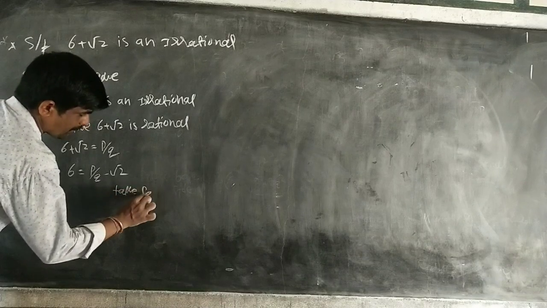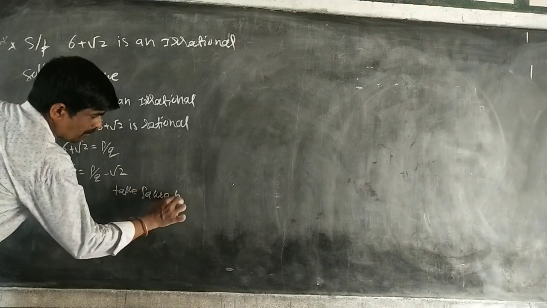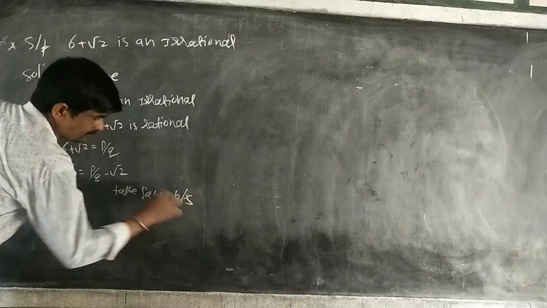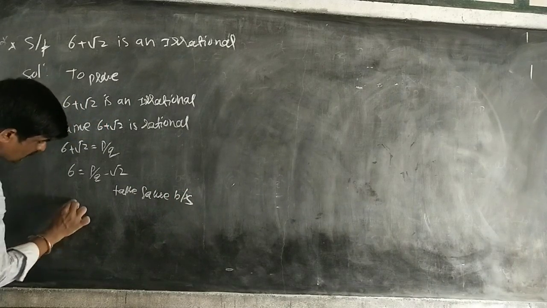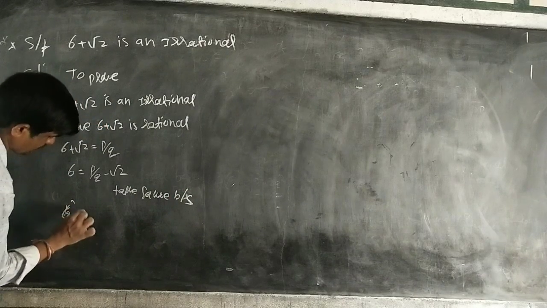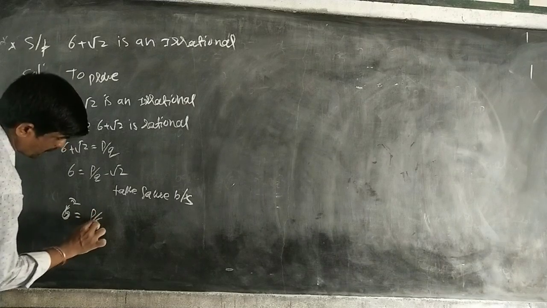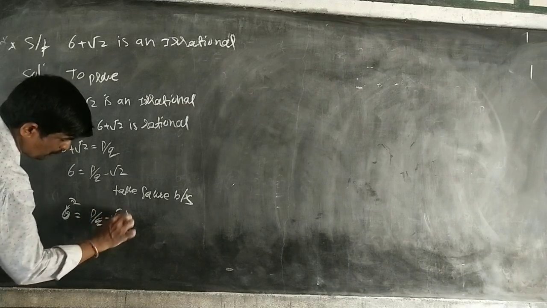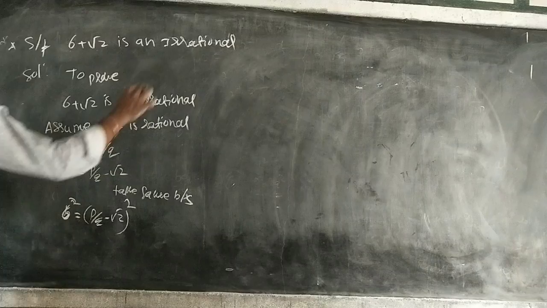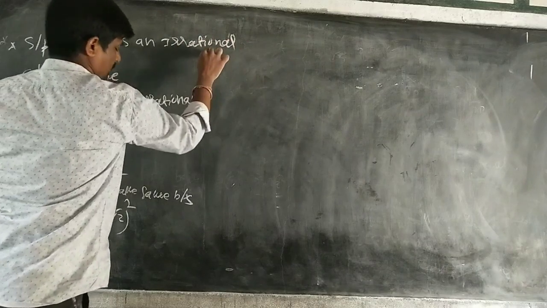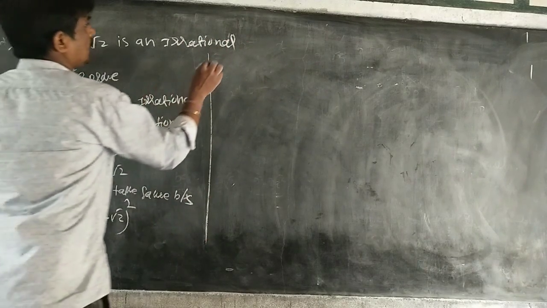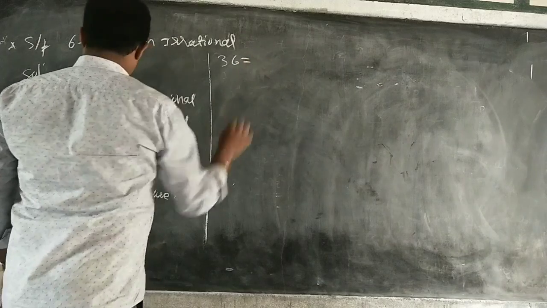Take square on both sides. So 6 square is equal to P by Q minus root 2 whole square. 6 square is equal to 36.